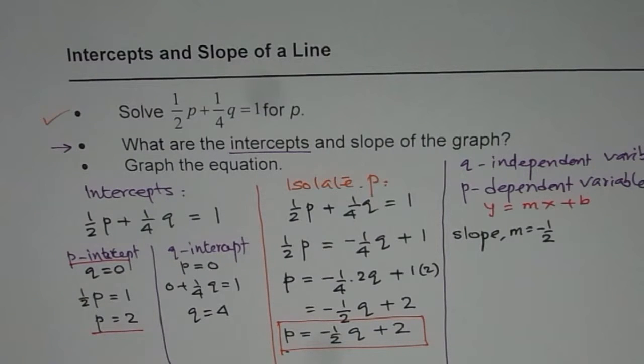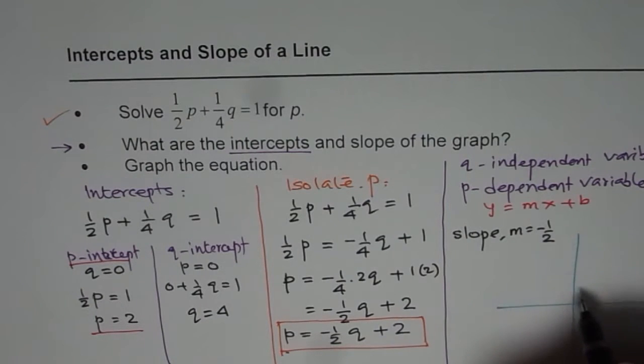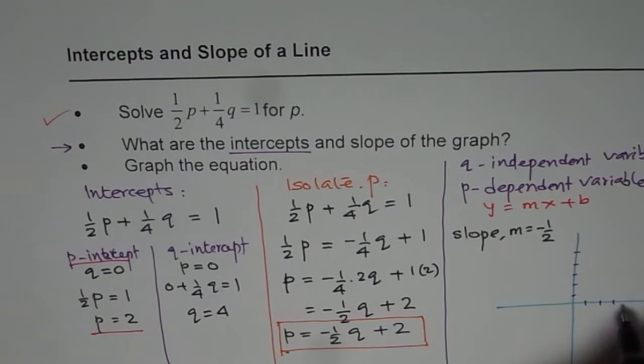Now let's try to do the third part, which is to graph the equation. So let's say this is our coordinate system, and let me mark points on this as 1, 2, 3, 4, 5, and of course minus 1, minus 2.